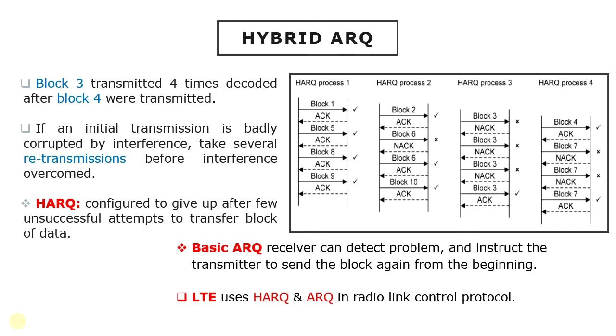At a higher level, a basic ARQ receiver can detect the problem and can instruct the transmitter to send the block again from the beginning. LTE implements this technique by the use of hybrid ARQ in the physical layer, backed up by a basic ARQ scheme in the radio link control protocol.